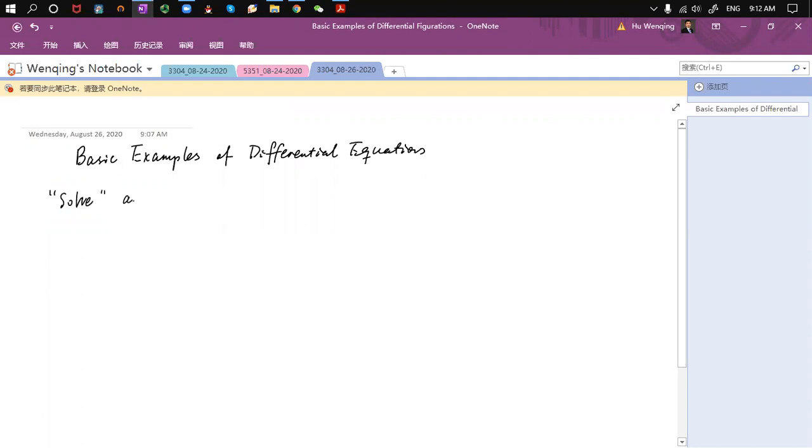We want to solve any differential equation directly, geometrically. So how do I solve any differential equation geometrically?